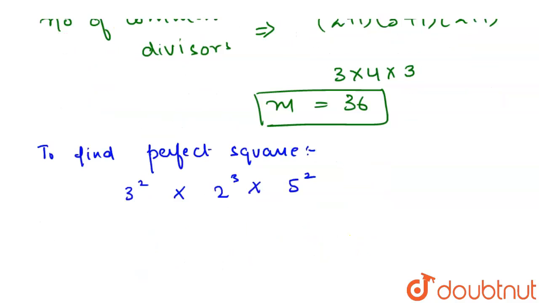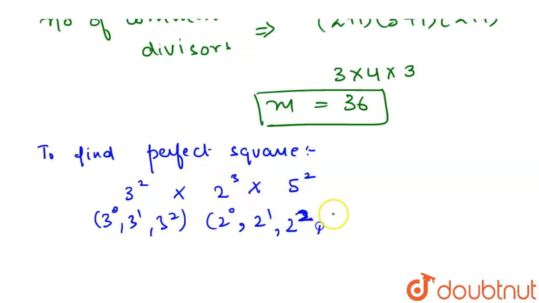So to find the perfect square, this can be written as 3 to the power 0, 3 to the power 1 and 3 to the power 2. We will have 2 to the power 0, 2 to the power 1 and 2 to the power 3 here, right? And here we will have 5 to the power 0, 1 till 5 to the power 2.